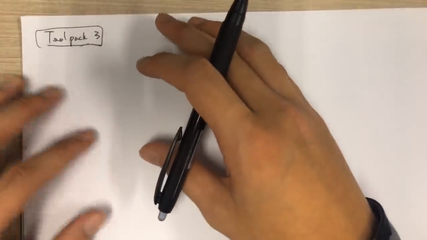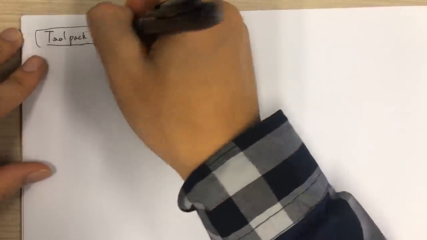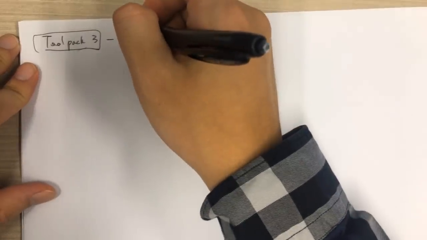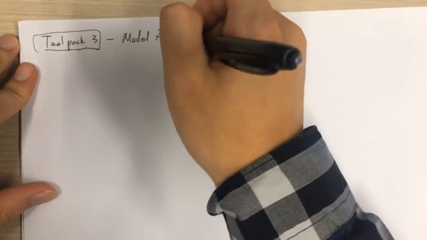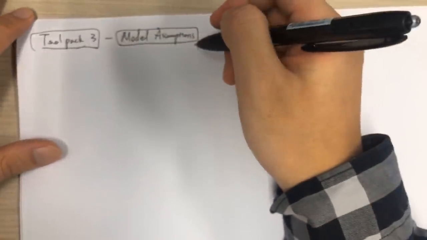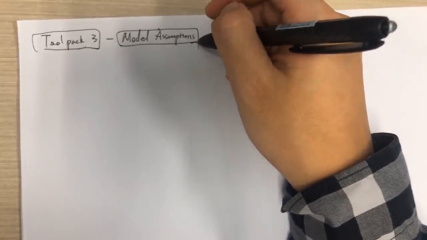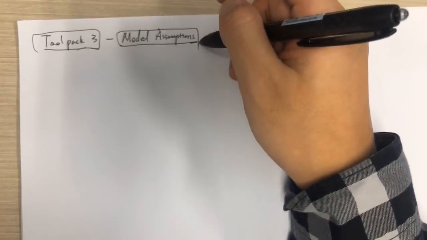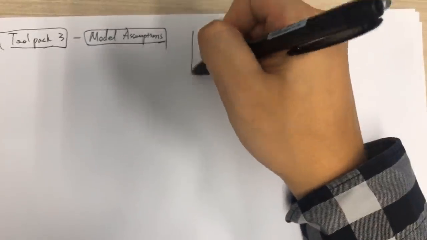Okay. All right. But anyway, let's focus on our last tool pack. Tool pack number 3 is called model assumptions. Once again, we need to know all the model assumptions in your final exams. And it's an essential part, because if the assumptions do not hold, we can't really do prediction. Let me give you an easy example.